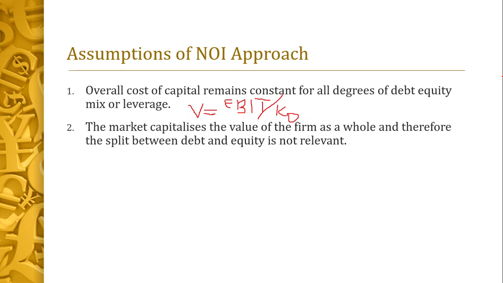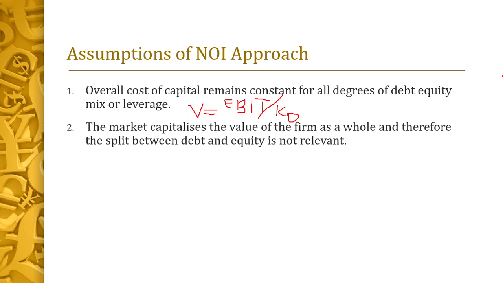Okay. Now, the next assumption is the market capitalizes the value of the firm as a whole and therefore, the split between debt and equity is not relevant. Now, this particular assumption is self-explanatory. It tells that when your organization is valued in the market, that is what matters, right?